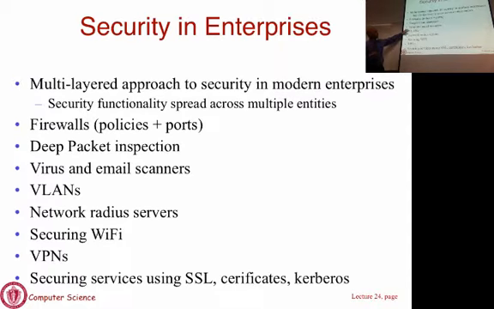Then you have this other set of techniques. There are things called VLANs, or virtual local area networks, and VPNs, virtual private networks. Together, what they allow you to do is provide secure access to your environment from the outside. If there are employees or users that want to access resources in your network, typically because of the firewall policy, you will not be allowed to access machines that are inside the network by default.